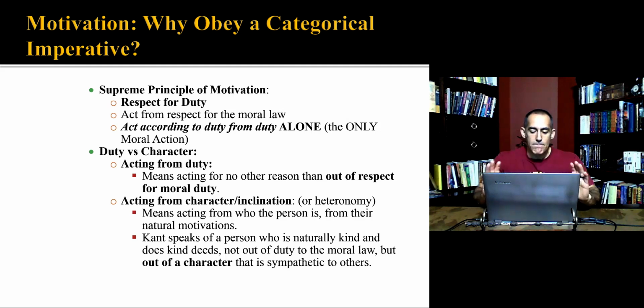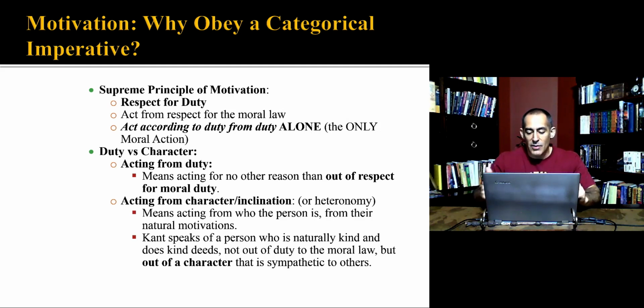So, acting from duty means acting from no other reason except out of respect. Acting from character is another way of saying you're acting from your inclination, the type of person that you are, which for Kant, remember, is this heteronomy, right? We're doing something because of some kind of inclination, not because we're freely choosing to.